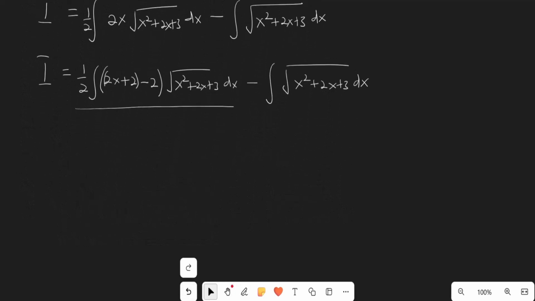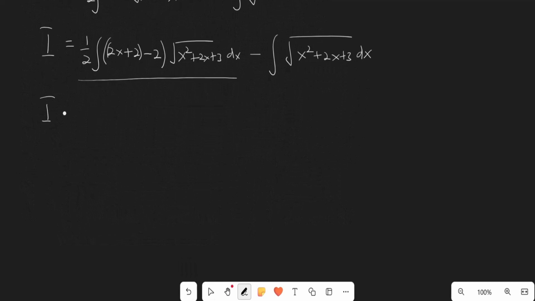Okay, so now let's split this one into two different integrals. So I is going to be 1/2 the integral of 2x plus 2 multiplied by the square root of x squared plus 2x plus 3 dx.